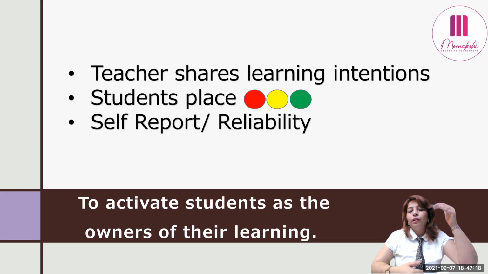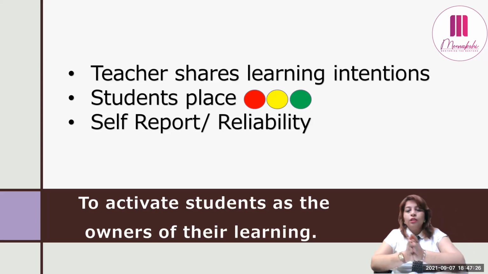So different learning intentions or objectives are defined at the beginning of the chapter, right? And at the end of the chapter, the students are told to use colored pencils to make dots or circles in front of the topics.